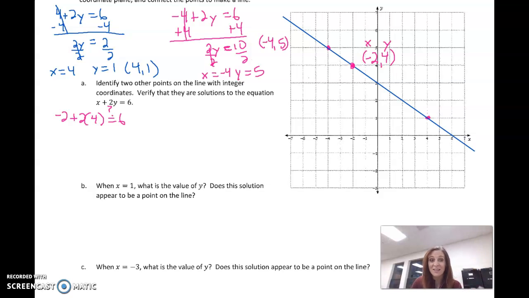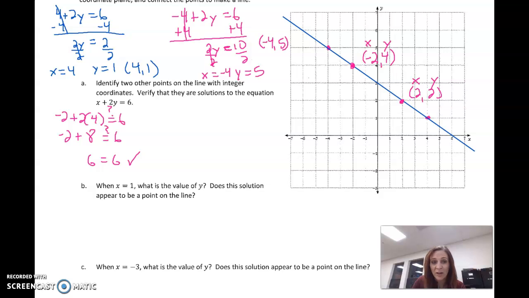Because if we can plug those x and y values in and it equals 6, then it's a solution. So this is negative 2 plus 8. Does that equal 6? Well, negative 2 plus 8 is 6. So yes, it checks. Let's try one more real quick. Here, (2, 2). Again, this is my x value, this is my y value.